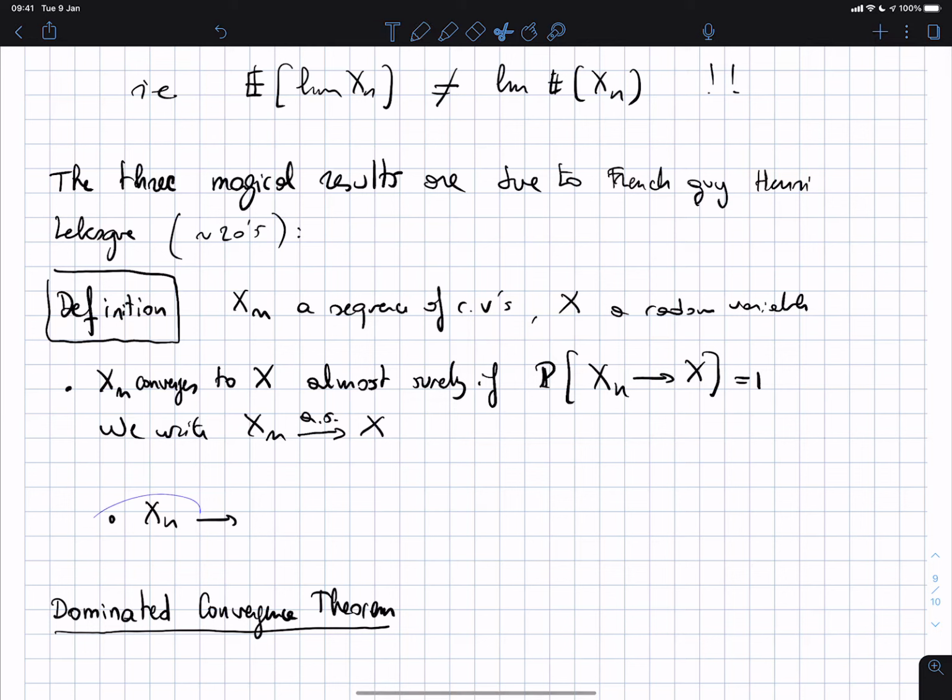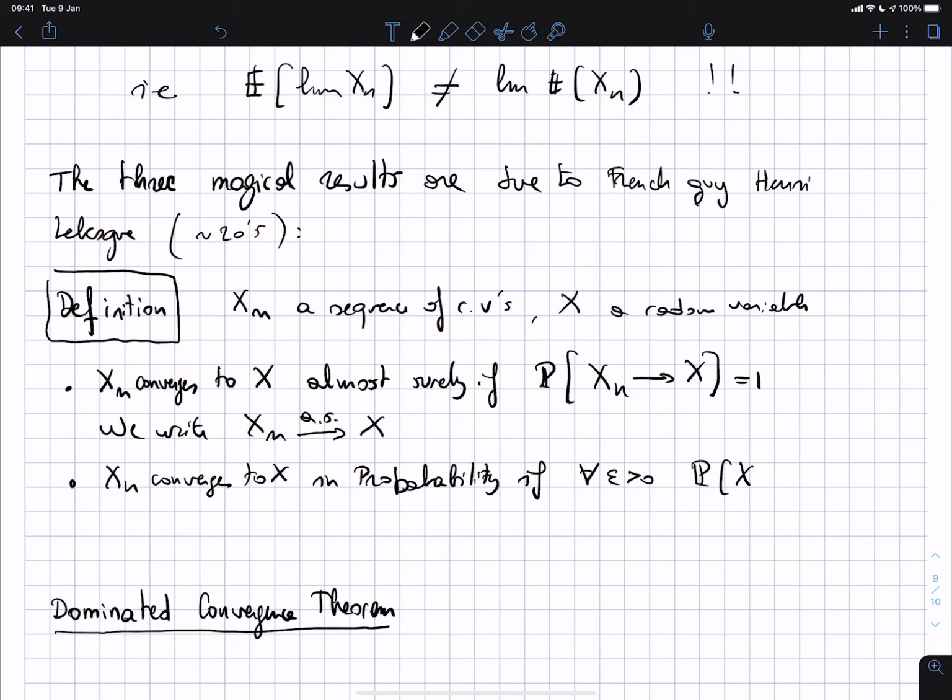We say that Xn converges in probability if for all epsilon larger than 0 the probability that the absolute value of Xn minus X is larger than epsilon goes to 0.